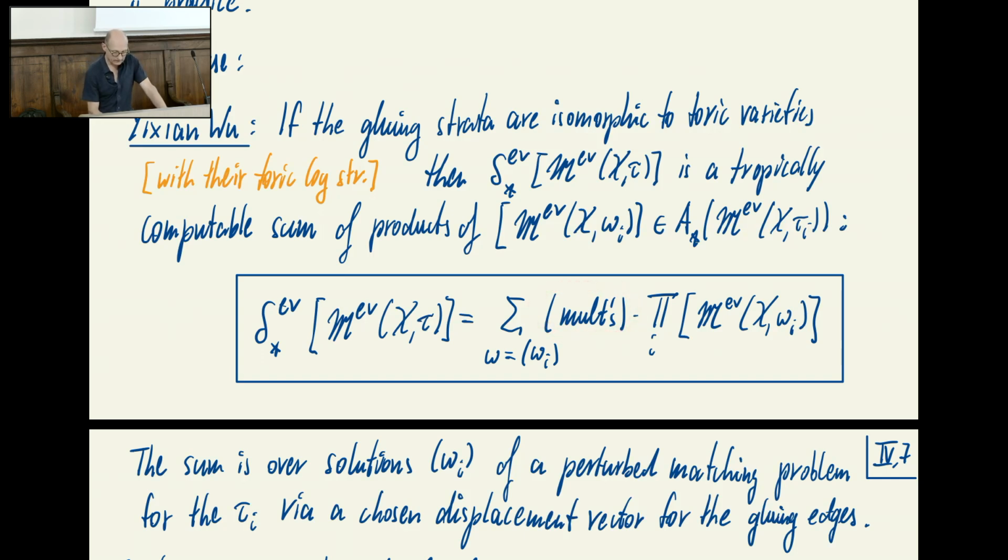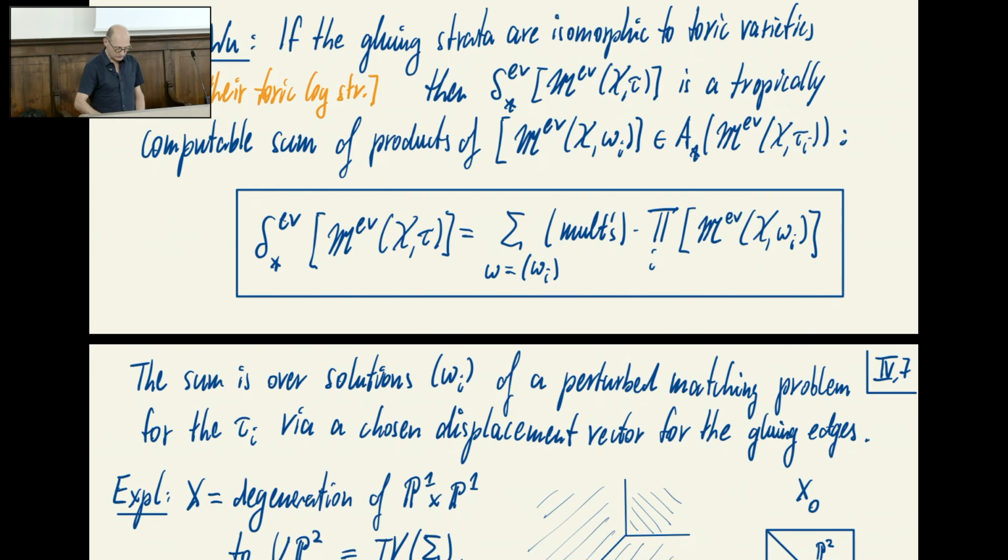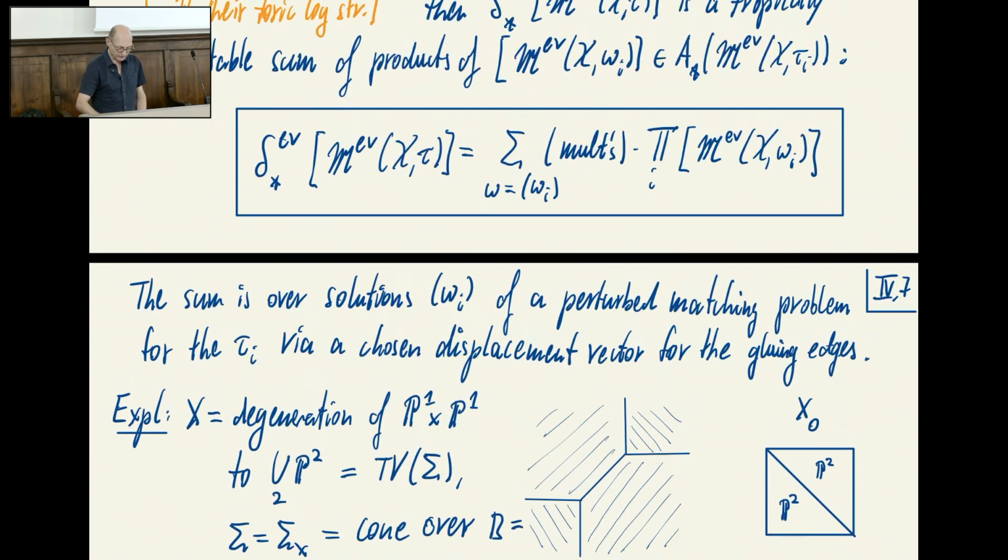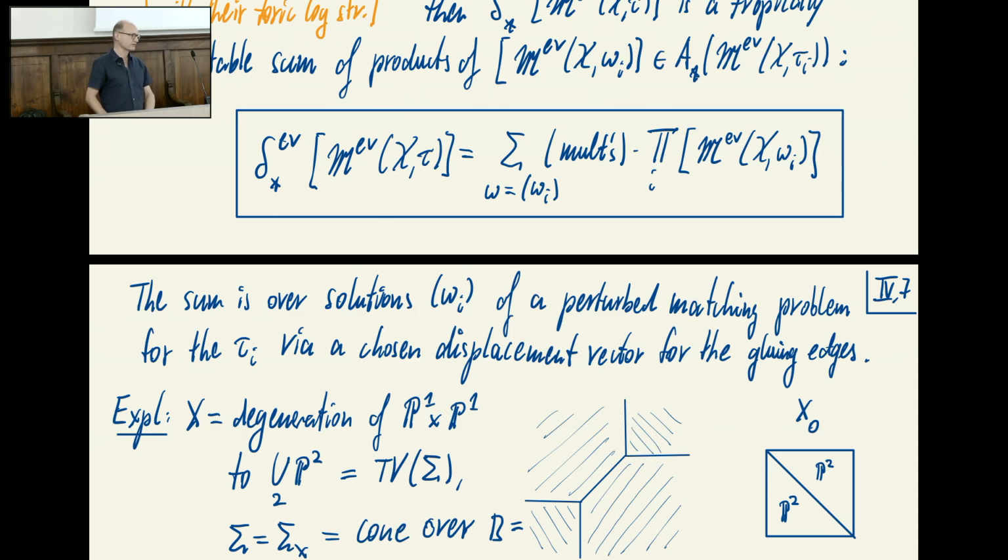And it's a sum over such things, and then you take the product of these strata corresponding to these generalized types omega i for each i. Okay, so that's computable. And the sum is over solutions of a perturbed matching problem for the tau i.